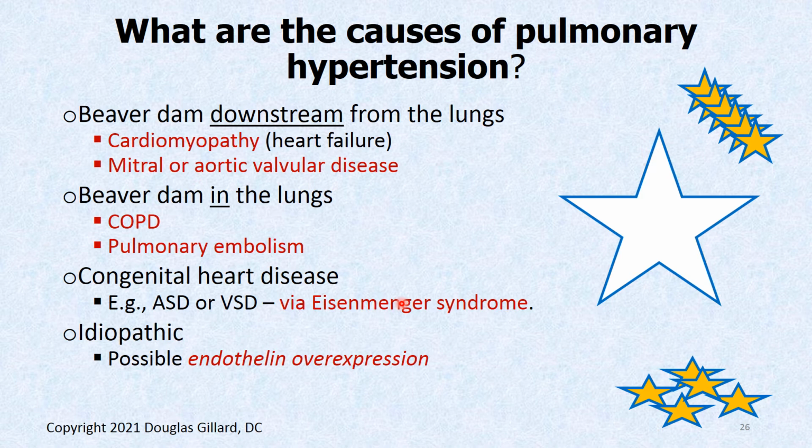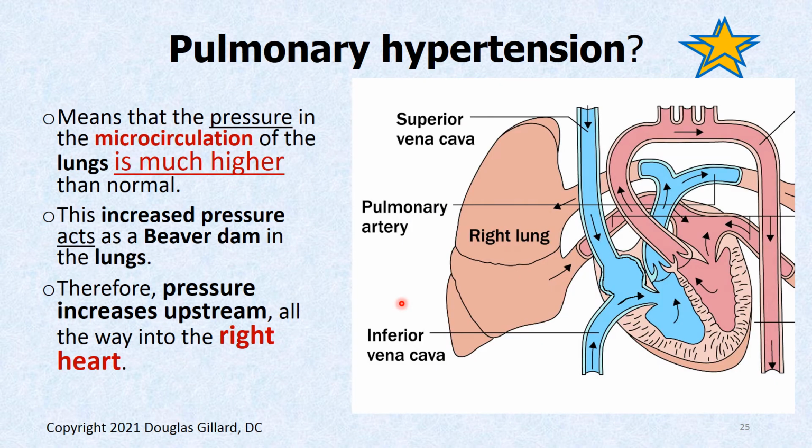If the mitral valve or aortic valve are stenosed, if this valve right here, there's the mitral valve, what if it's all filled up with calcium and it's stiff and it doesn't open? So when atrial systole occurs, you can't get through here. So it's a beaver dam right there. Same thing. What if this valve is super stiff and filled with calcium?